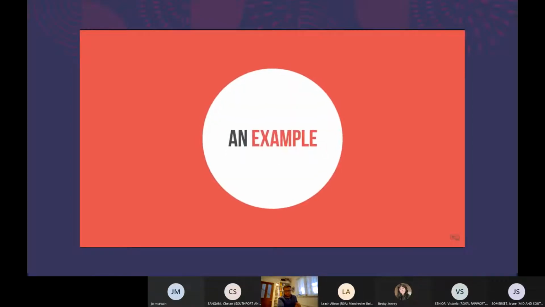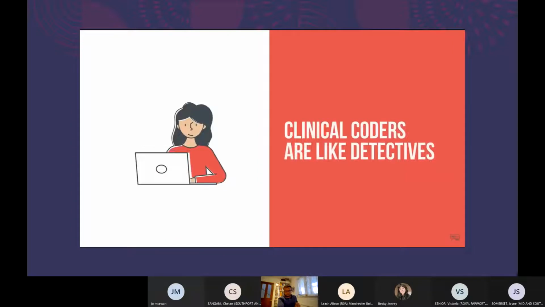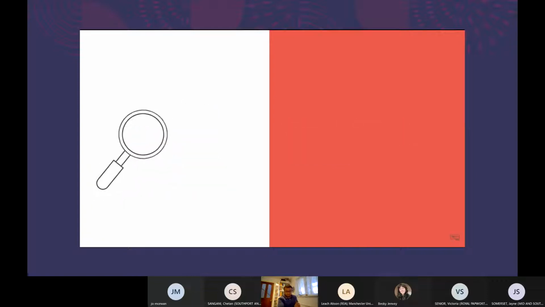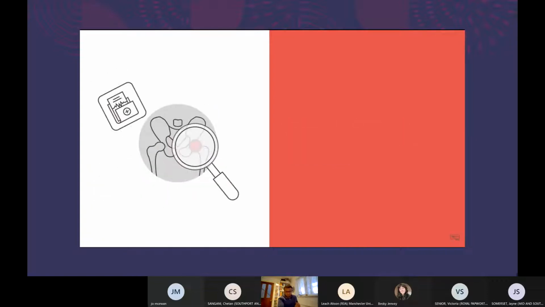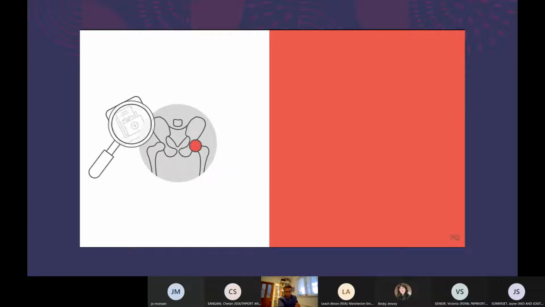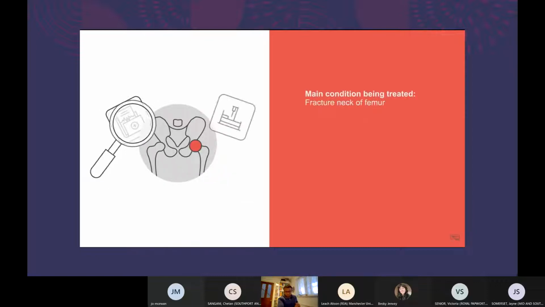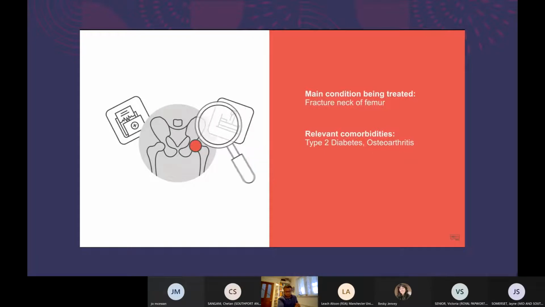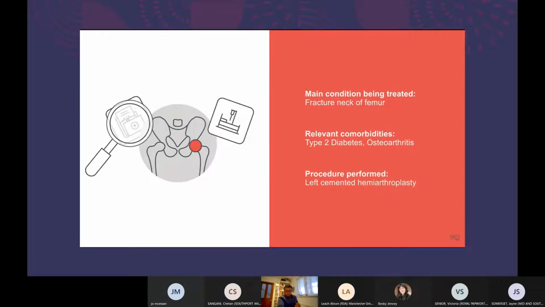An example of this: clinical coders are like detectives, investigating all aspects of their journey from start to finish. You begin by reviewing the documentation, physical and/or digital, for the stay. For example, an elderly woman who had a hip operation 2 days ago. From her medical notes, you find out the main condition being treated, any relevant comorbidities, and the procedure performed.